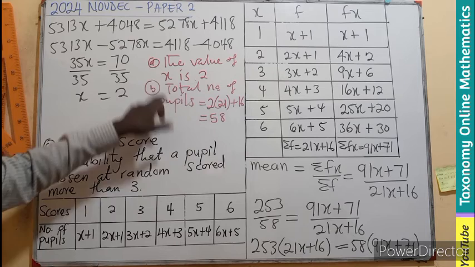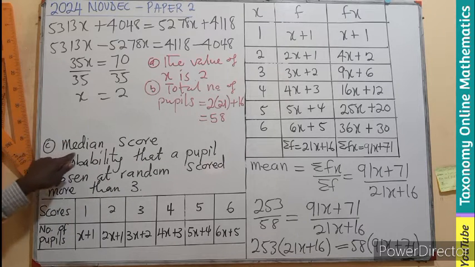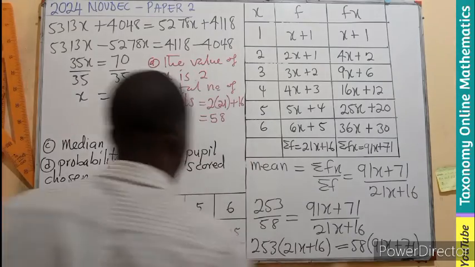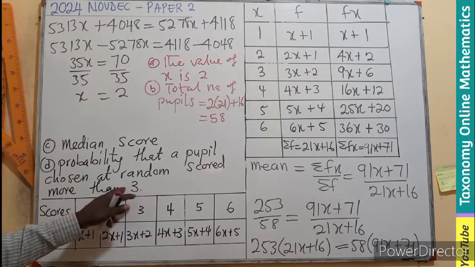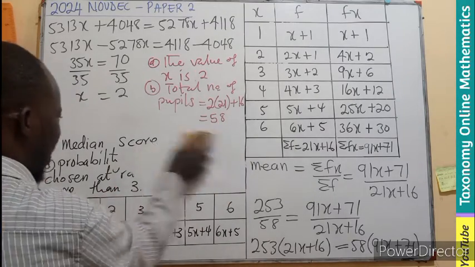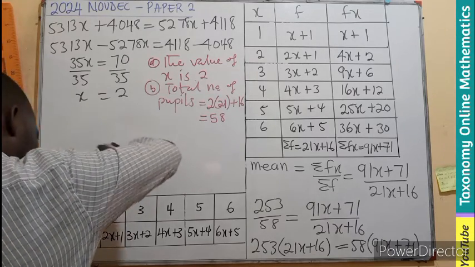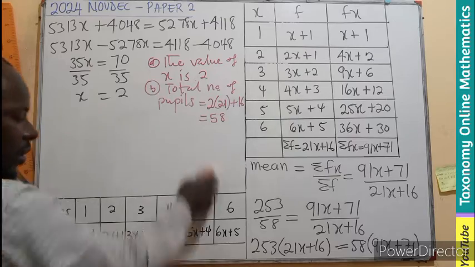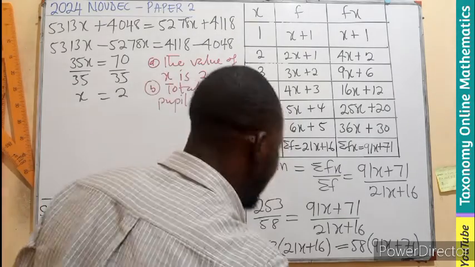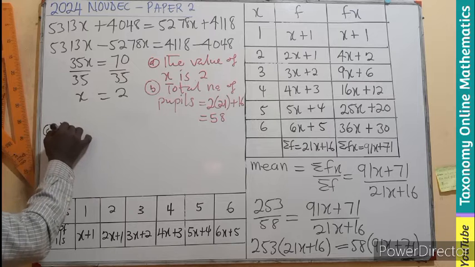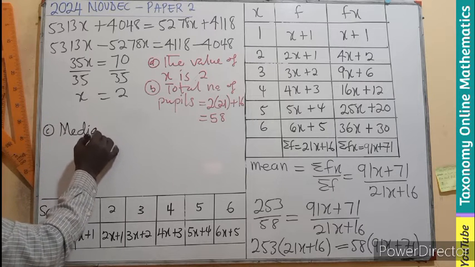Now that we have A and B, we need to go for C, finding the median score. We are looking for probability more than 3, so keep that in mind. If that is out of the way, we are going straight to C. To find the median, we know median is the middle term.